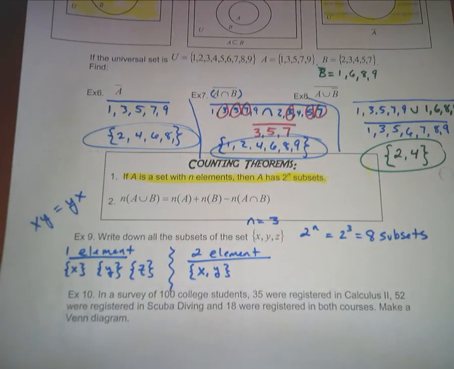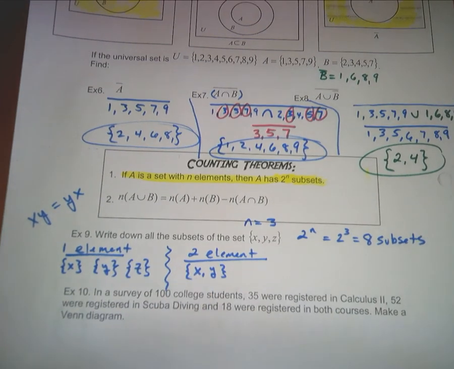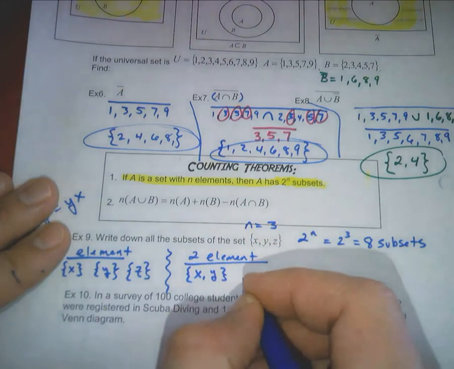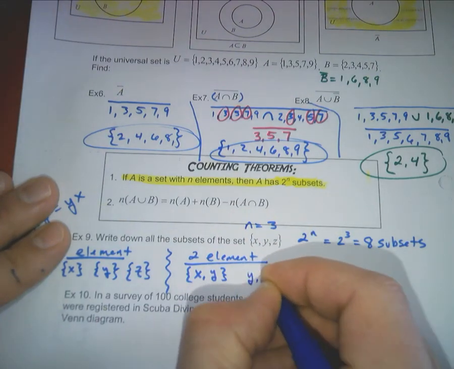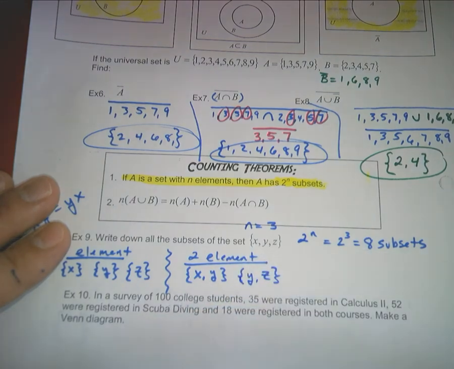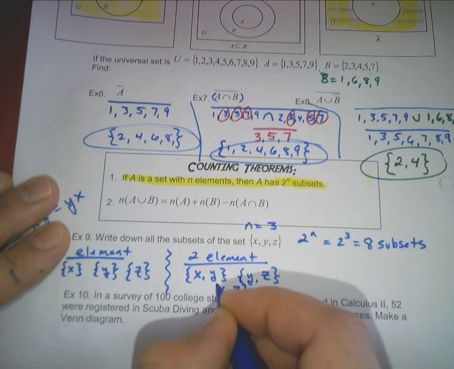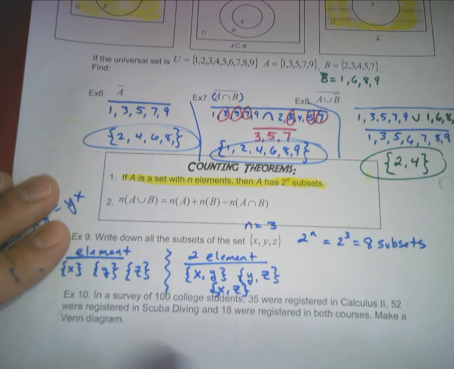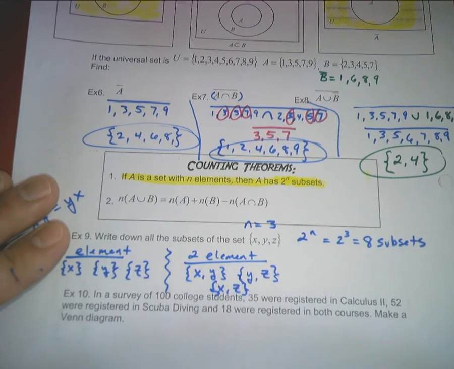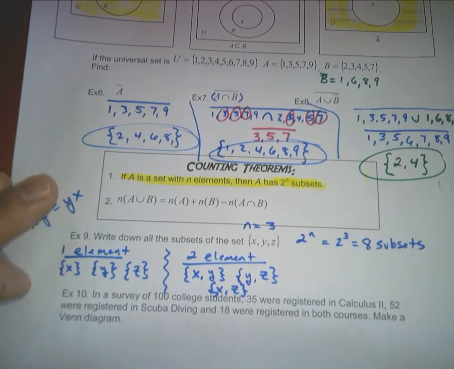Make sense? So then give me another one. We got yz. Okay, there's one more. We have xz. So we have 1, 2, 3, 4, 5, 6. All right. So out of the 8, we got 6 done.